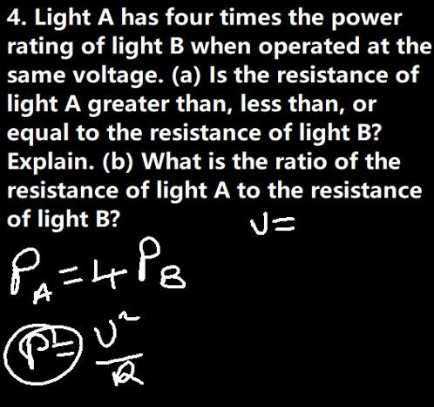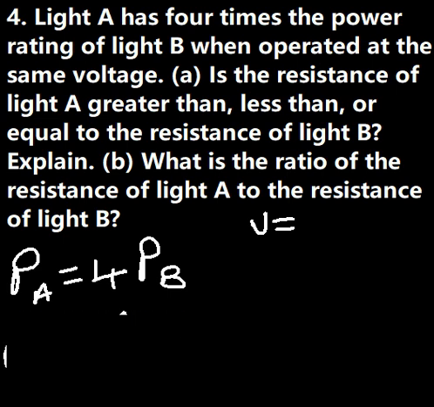So the light with more power means it is having less resistance. So in that case, you should have to know that the resistance of light A is less than the resistance of light B.